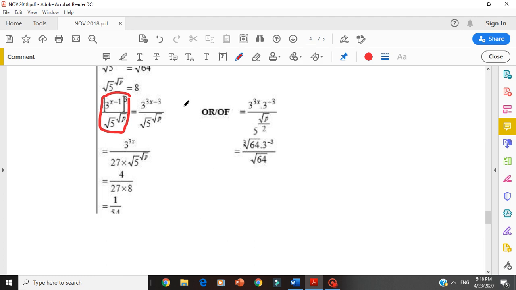We know 3 to the negative 3 can become 1 all over 3 cubed, which gives me 1 over 27. Right, so that's how I'll get the 27 here, and the 3 cubed x on the top. And we know a value for root 5 root p, which is 8, and so I can simply substitute it in and solve.